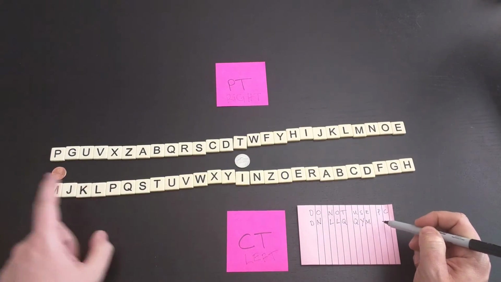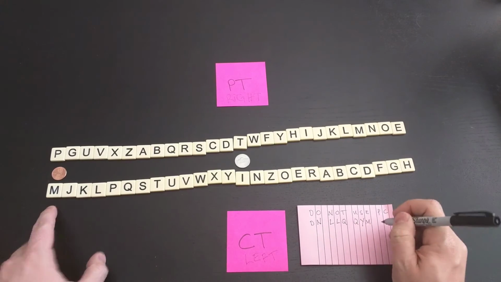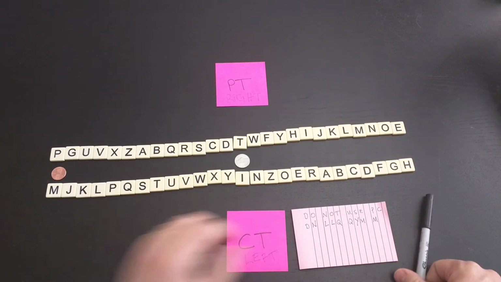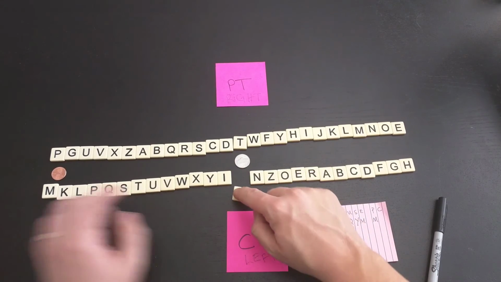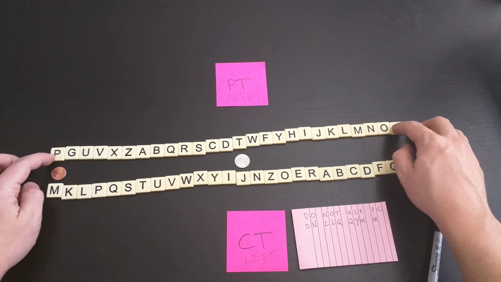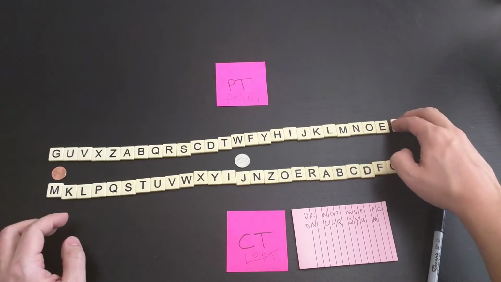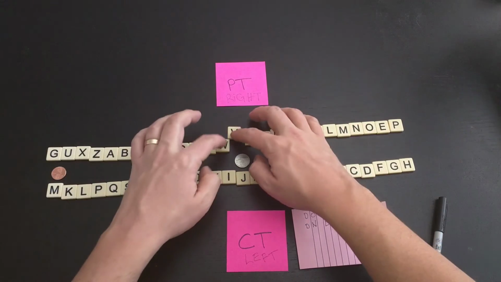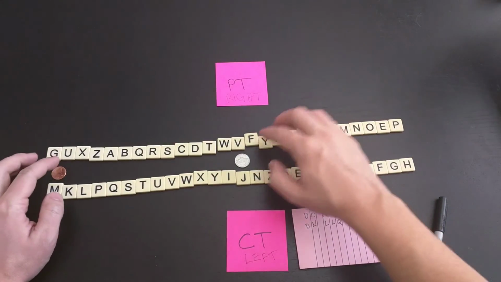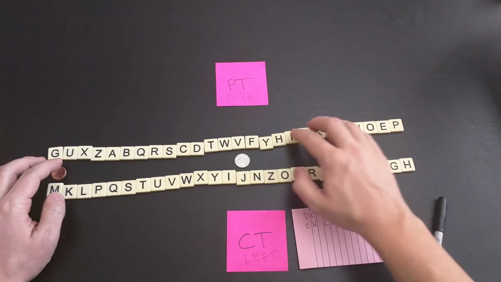Now I need to find P in the plain text. P is at the top, maps to M. No need for a rotation in this case, so we'll permute the left, and permute the right. Alphabets are getting a little sloppy in their alignment.